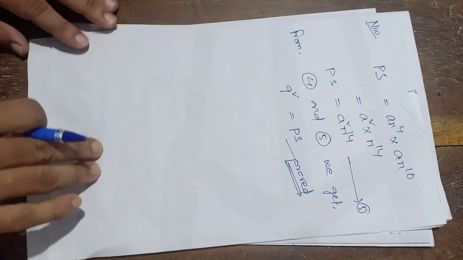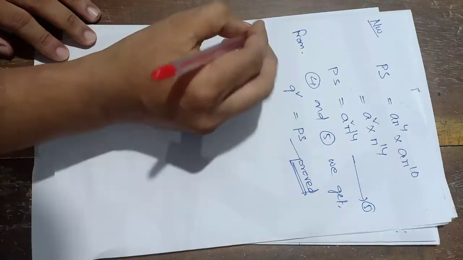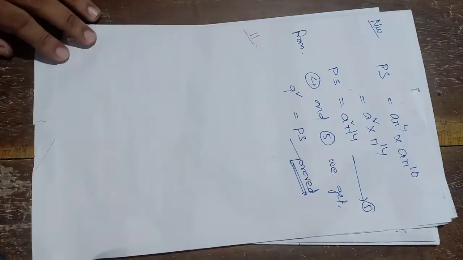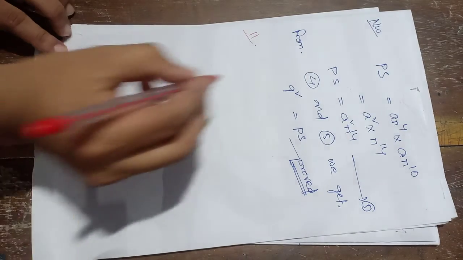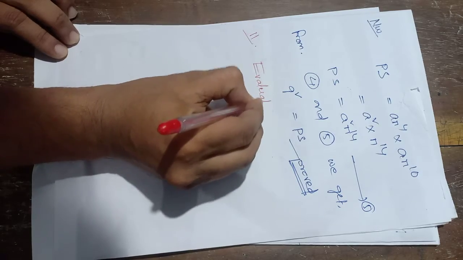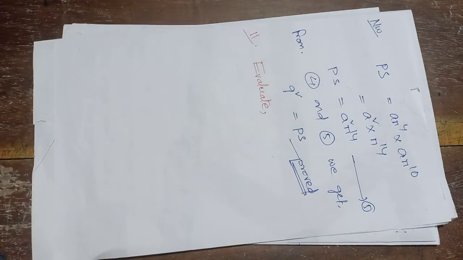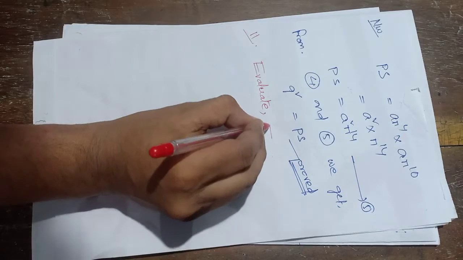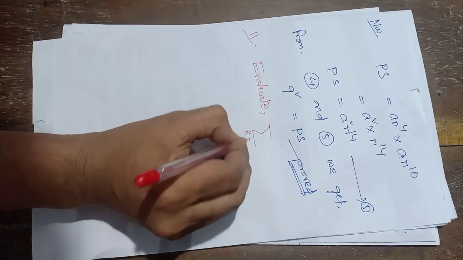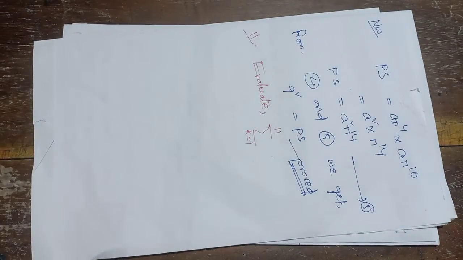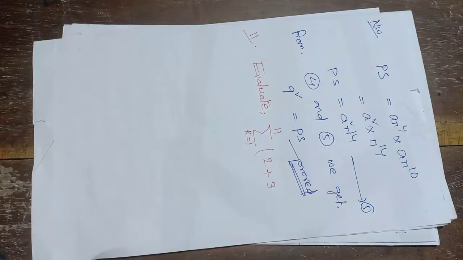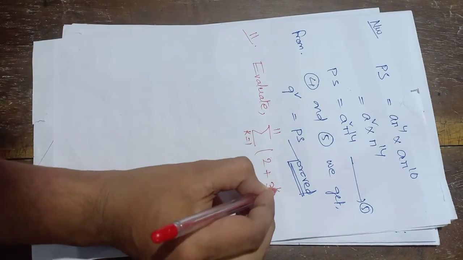Another question, question number 11 from the textbook. The question is, evaluate the summation of k equal to 1 to 11, 2 plus 3 to the power k.